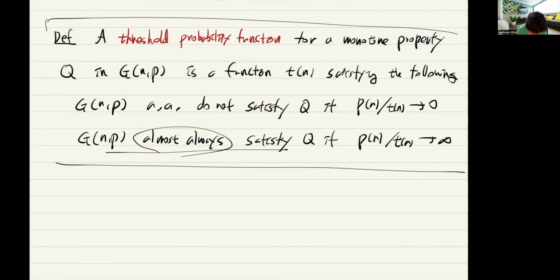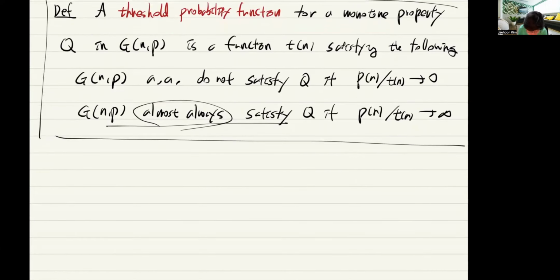And we learned about this in the undergraduate course. For example, we learned that the threshold for containing the subgraph K4 is some constant times n to the negative 2 over 3.